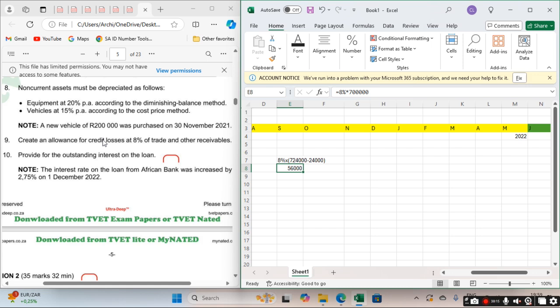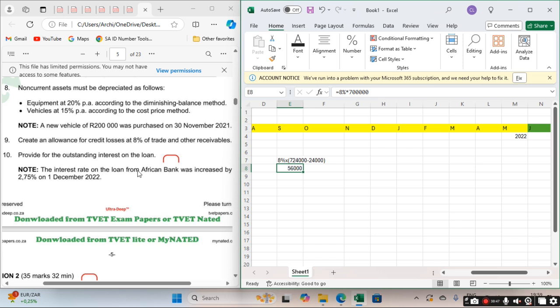The allowance is us as the business taking part of our profits and putting it aside for those credit losses. Since we're putting the 56,000 aside, we're going to treat it as an expense to the business. So we're going to record this amount under our operating expenses.